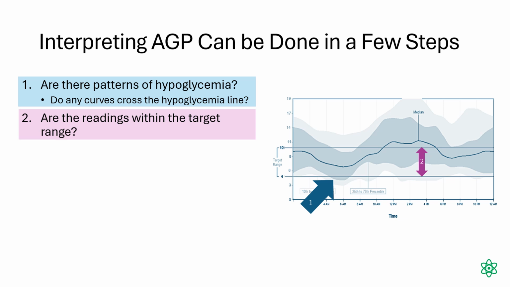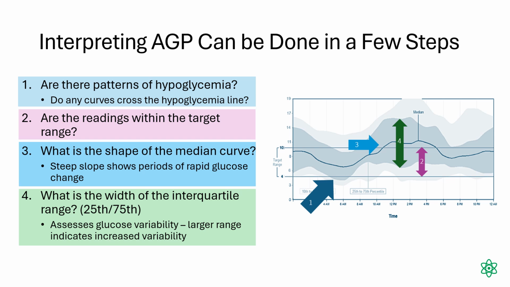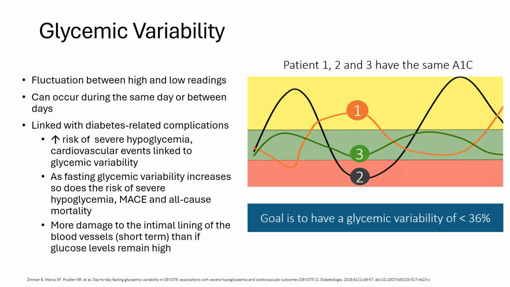It's this darker shading area. And what's the shape of the median curve? The average glucose is this line here. Well, we want more of a flat river, consistent. We don't want spikes up. We see that we're having spikes down. So we'd look at that median curve. And then the interquartile range, which is the inner 25 to 75% range that is most concentrated here. And that's what we're going to look at to make changes on.